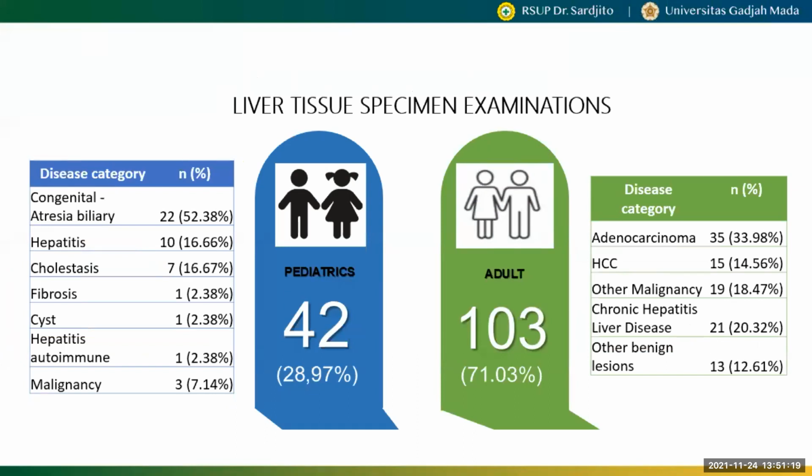This is the distribution of the cases: around 103 adult cases and 42 pediatric cases. Most of it is hepatocellular carcinoma and other malignancies. We also have quite a lot of chronic hepatitis or liver diseases and other benign lesions.